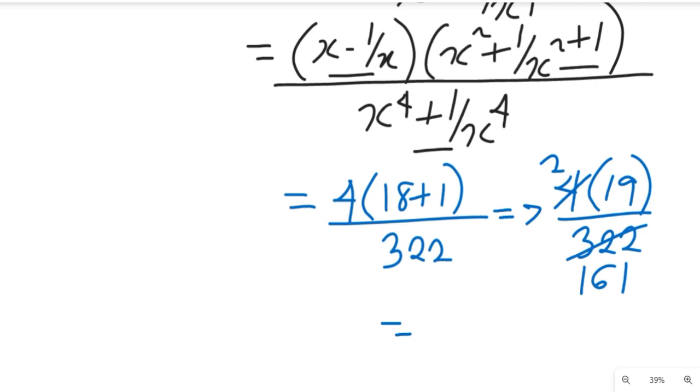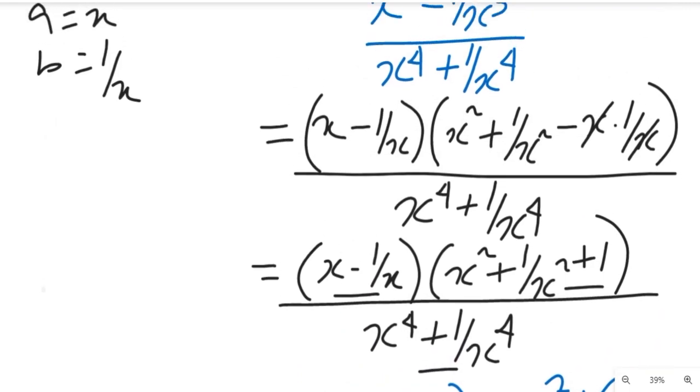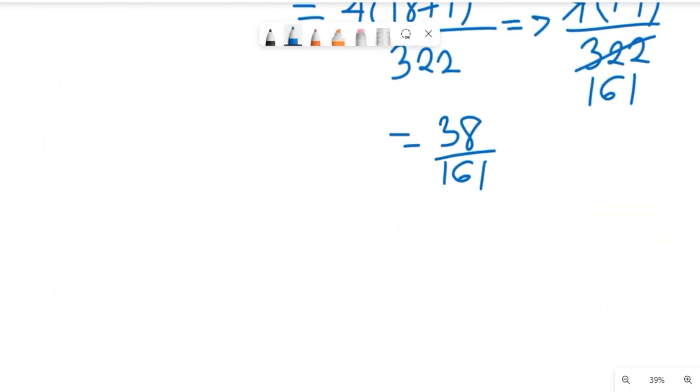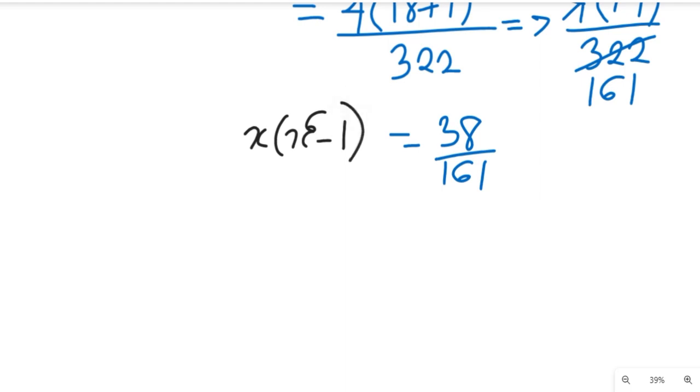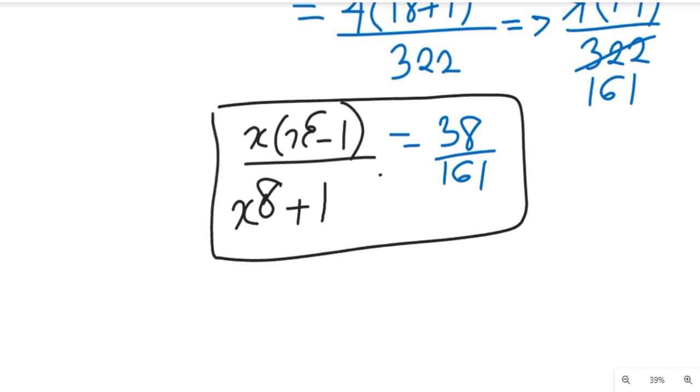So 2 multiplied by 19 will give us 38. So we'll have 38 divided by 161. So that whole expression we are looking for, which is x to the power of 6 multiplied by x to the power of 6 minus 1 divided by x to the power of 8 plus 1, is equal to 38 divided by 161.